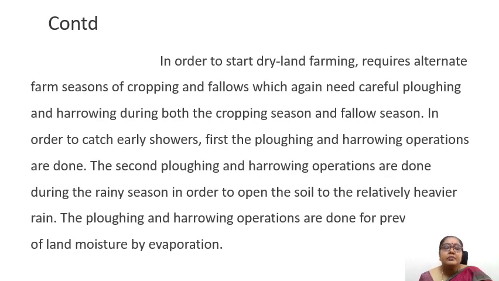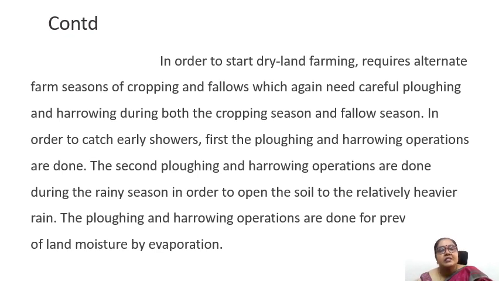In order to start off with dryland farming, it requires alternate farming seasons of cropping and fallow, which needs careful planning. Harrowing during both the cropping season and the fallow season, all this planning has to be done so that you know how to get the water restored in the soil.